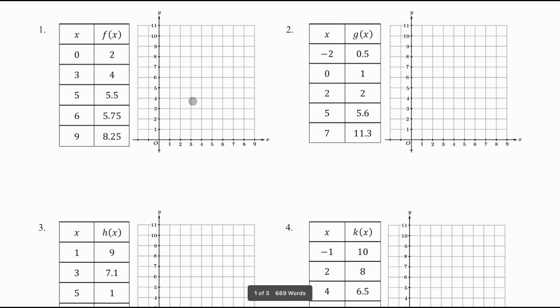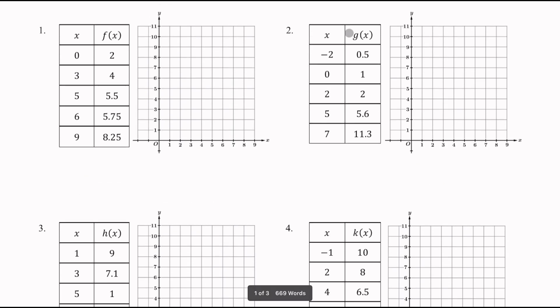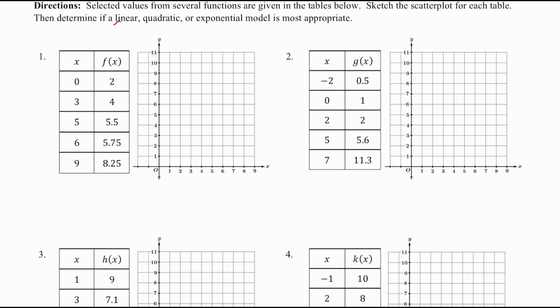So the first part of this worksheet is to graph these four tables and see if it is linear, quadratic, or exponential. Obviously we know that a linear is going to show a line, or it increases by a constant rate of change. We have quadratic here, which is always going to be U-shaped, and it's going to have a line of symmetry, and it goes from increasing to decreasing, or decreasing to increasing, so it changes.